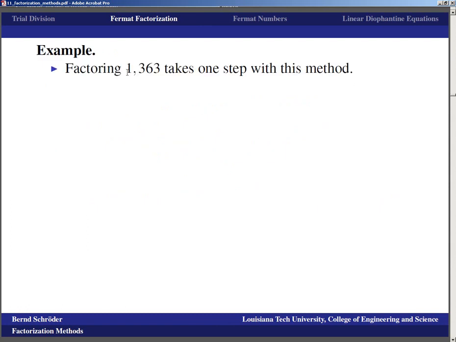Okay, as examples, factoring 1363 takes one step with this method. And why is that the case?